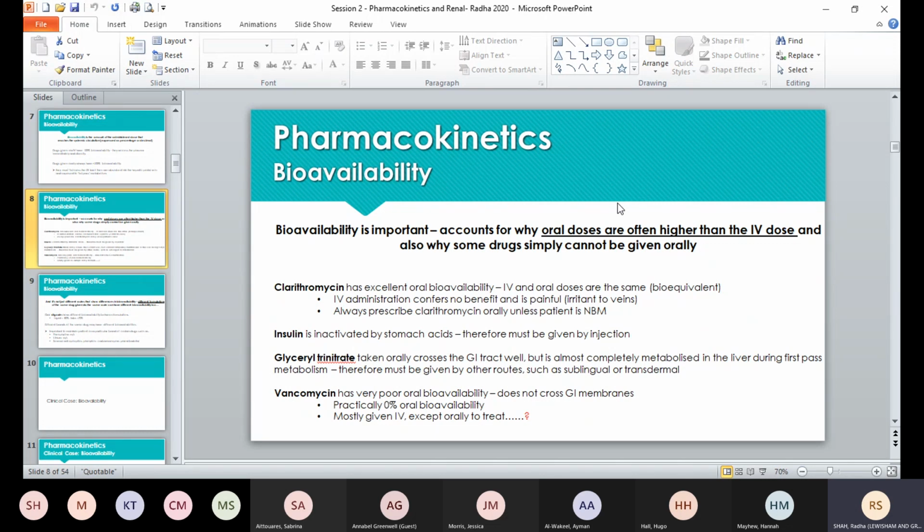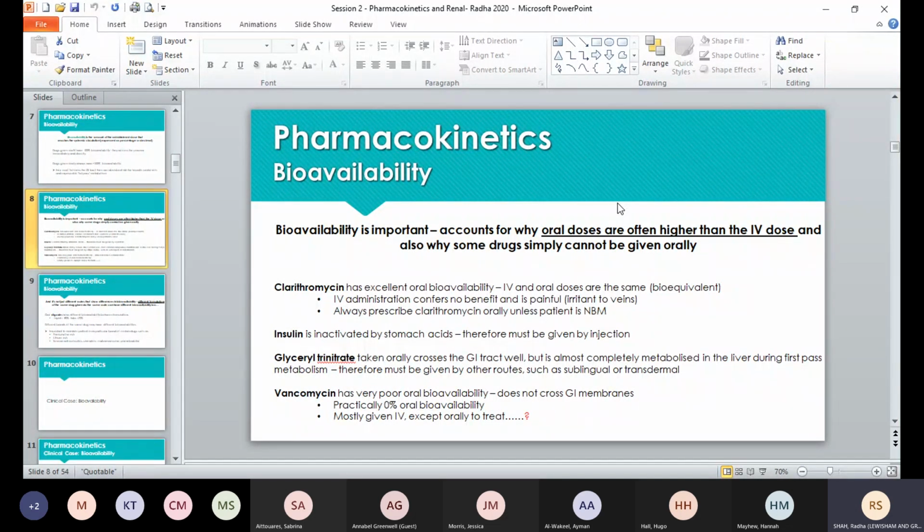They're bioequivalent, and therefore if we don't need to give something through the IV route, then we don't have to. There's benefit from that, just because it can be painful to give something IV, can be irritant to the veins, and we must always prescribe clarithromycin orally, just because of the bioavailability. The only reason why we wouldn't is if the patient is nil by mouth.